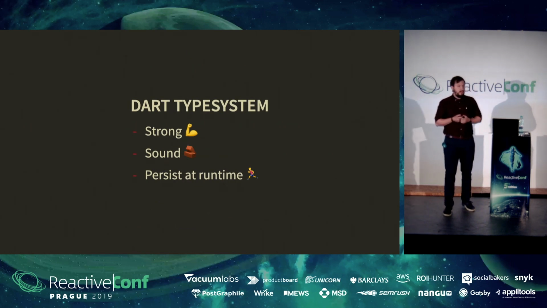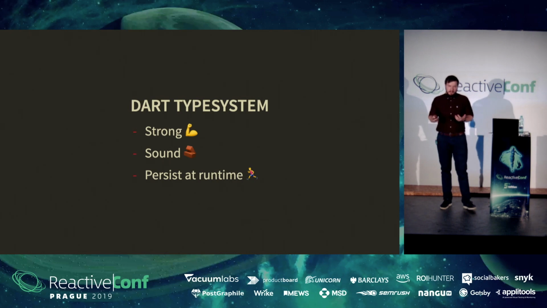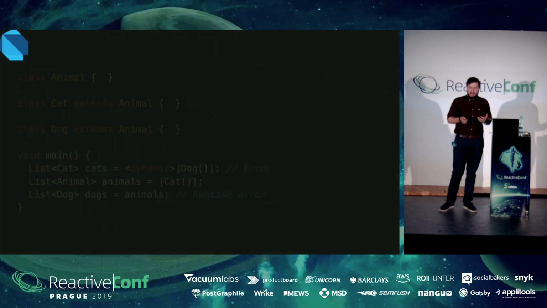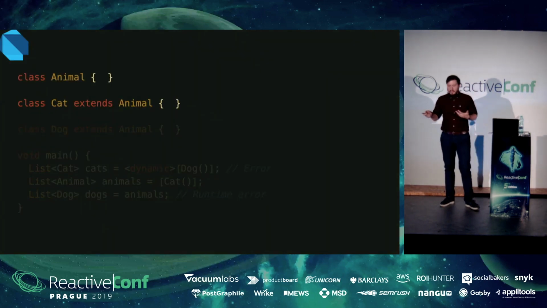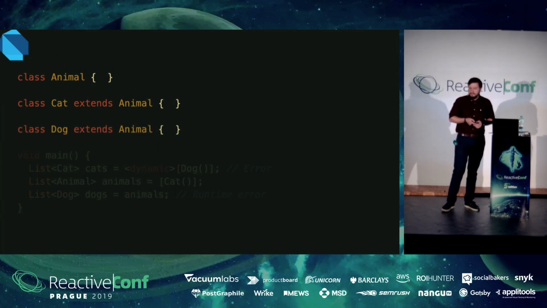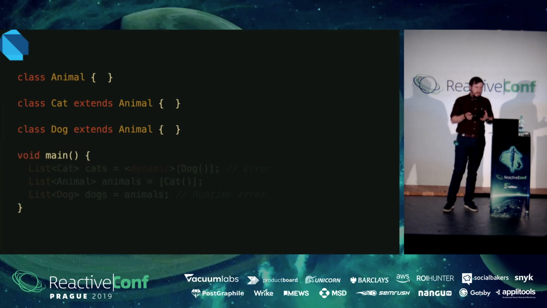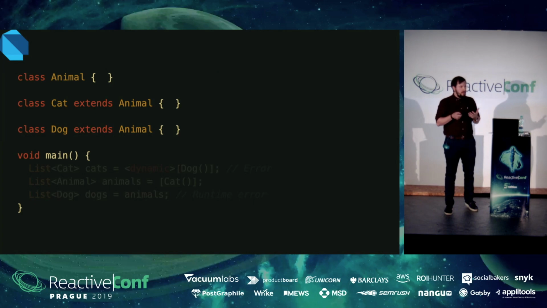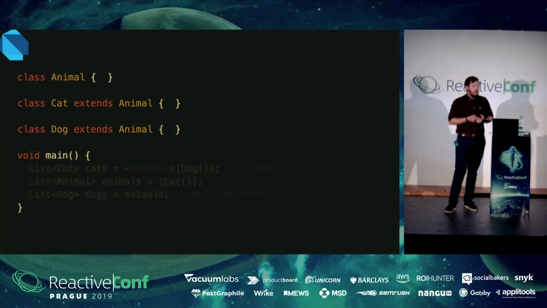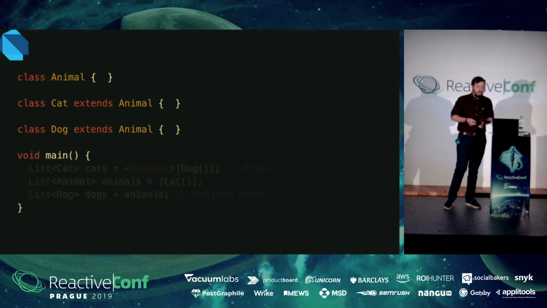I believe many speakers before me talked about what is strong, what is sound, but let's imagine we have this class Animal, and two classes, Cat and Dog, and all of them extend Animal, because cats are animals. We have our main function, which is really convenient. Every Dart program should have a main function, as, I don't know, in C, C#, Java, many cool languages.